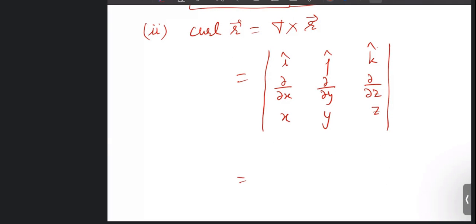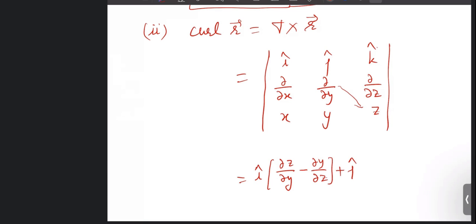Expand this determinant using the first row. That means we consider the derivative with respect to this: ∂z/∂y is equal to 0. Similarly, ∂y/∂z is also equal to 0.